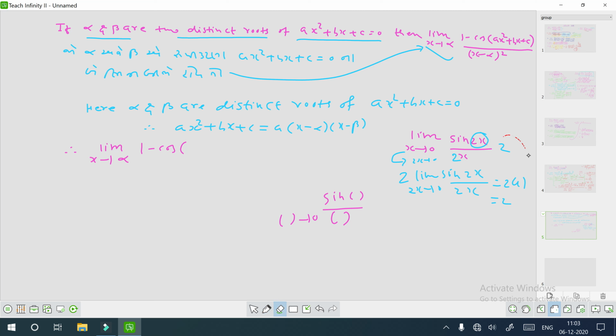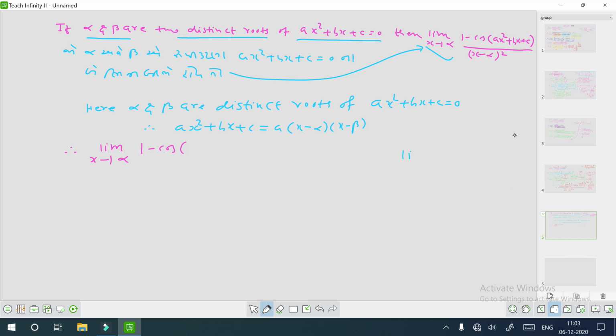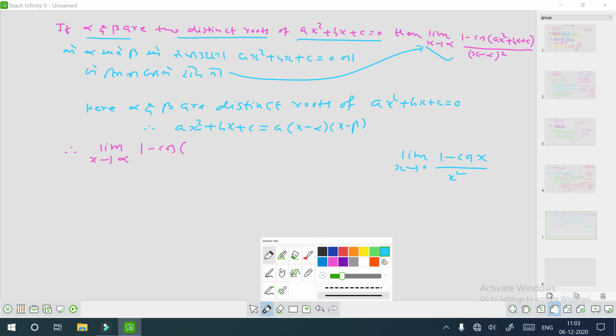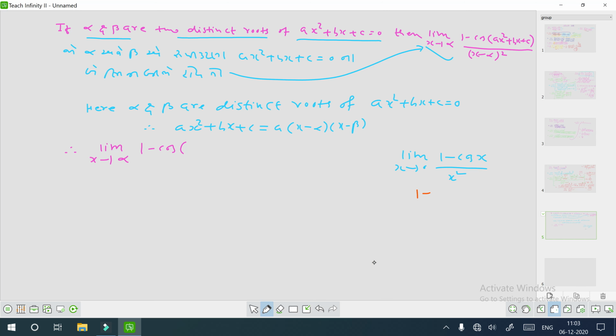Yes, 1 means. Now let us see one more sum. Limit x tends to 0, 1 minus cos x over x square. Now in the case of trigonometric form, whenever 1 minus cos or 1 plus cos of some function is given to us, at that time rationalize it or use the formula.